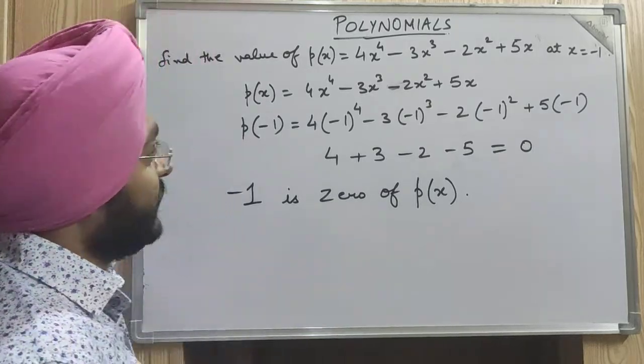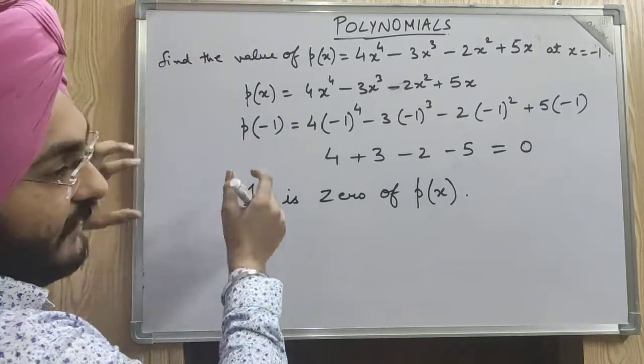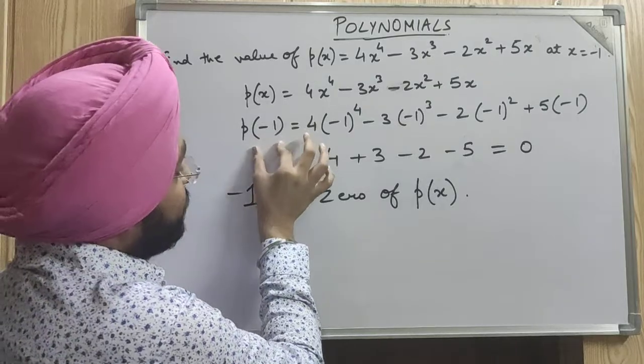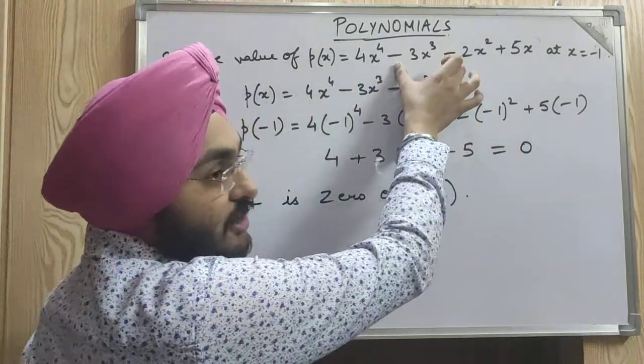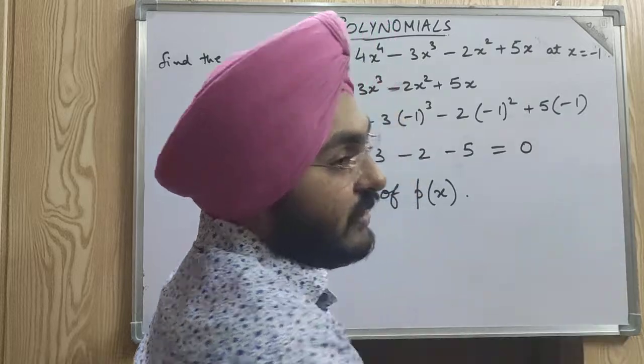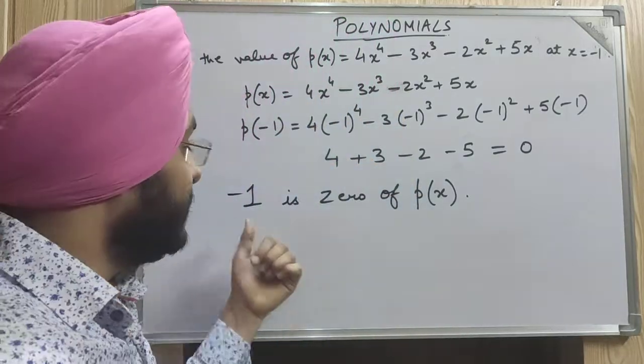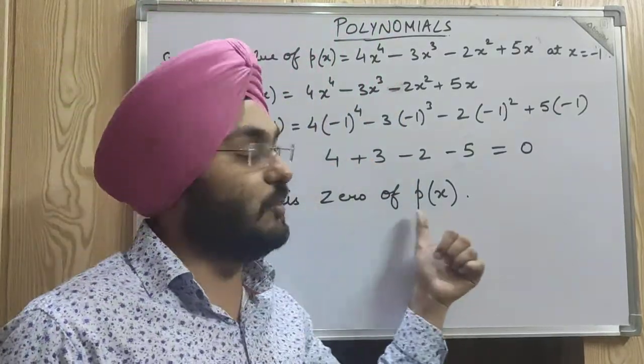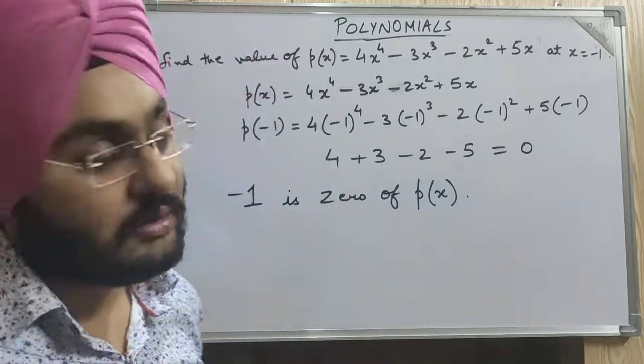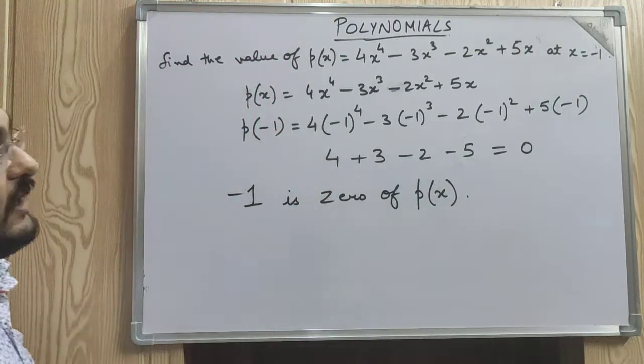Again I am explaining the same thing. The value which we substitute instead of x, if the answer is 0, then I will say that that value is a zero of that polynomial.